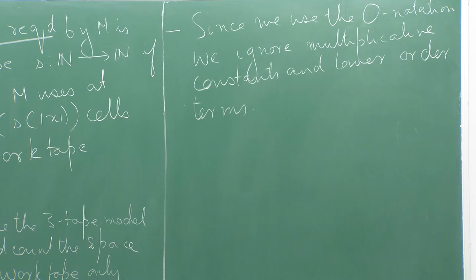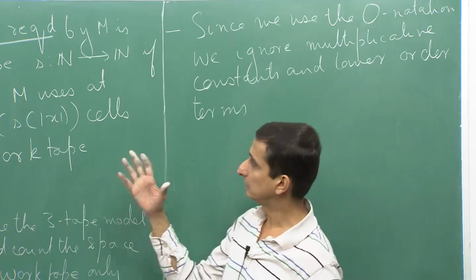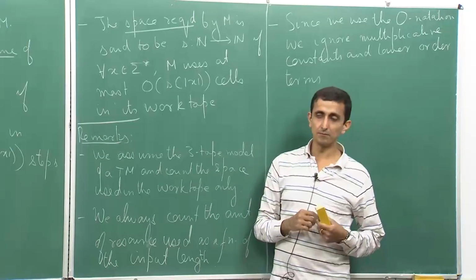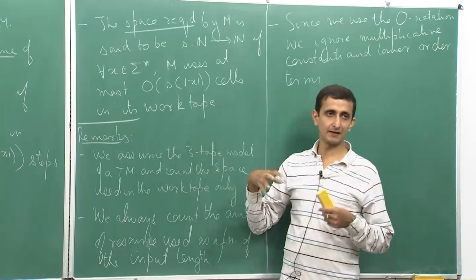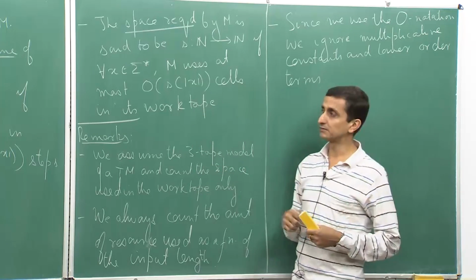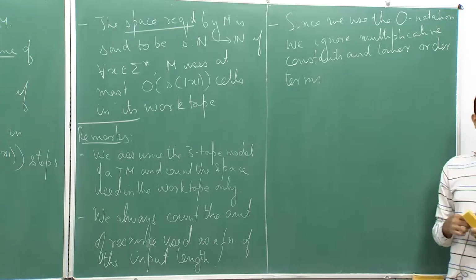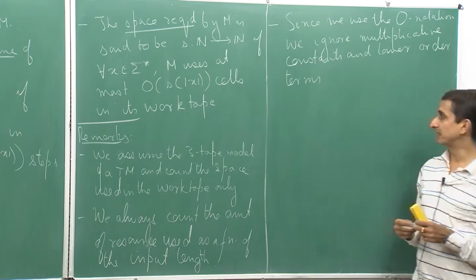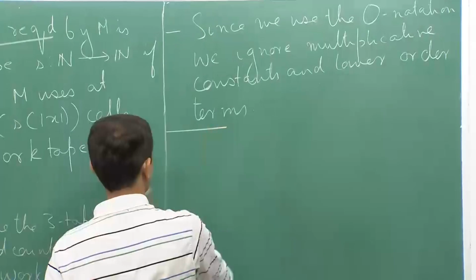So, now that we have defined what we mean by running time of a machine and the space used by a machine, we can define the time and space complexity classes. Okay.